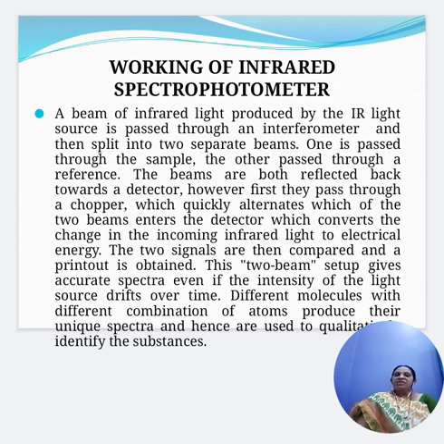The two signals are then compared and a printout is obtained. The two beam setup gives accurate spectra even if the intensity of the light source drifts over time. Different molecules with different combinations of atoms produce their unique spectra and hence are used to qualitatively identify the substances.